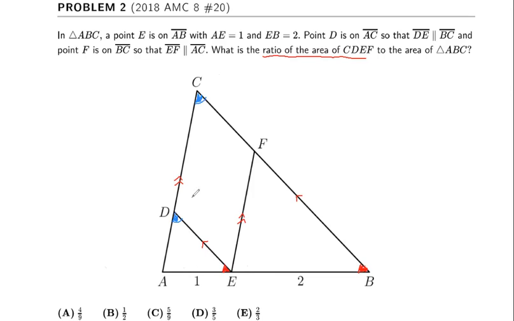In the larger triangle, the blue angle is opposite to 3, and in the smaller triangle, the blue angle is opposite to 1. So that is the ratio of the similarity.